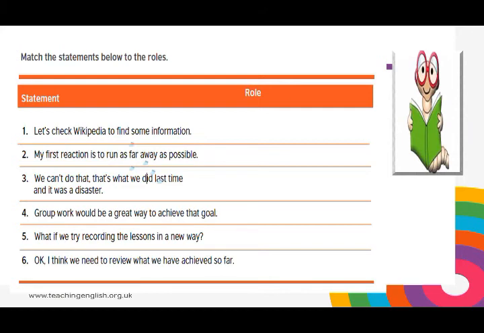Okay, number 4. Who can answer number 4? Group work would be a great way to achieve that goal. Creative? Is there another answer? Organizer?